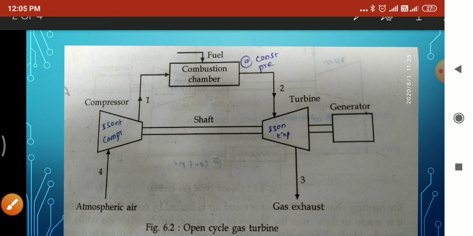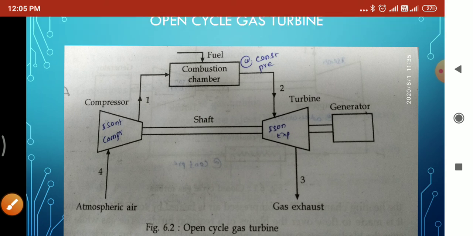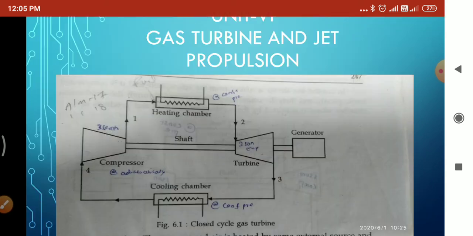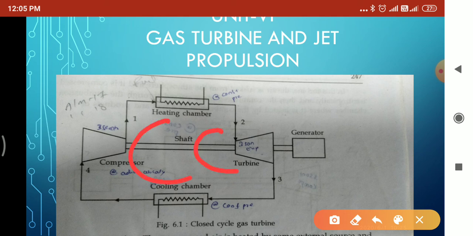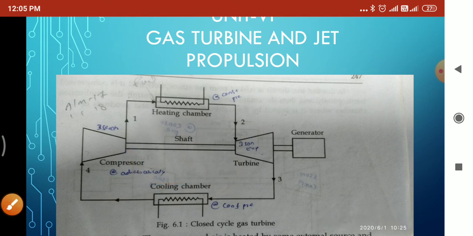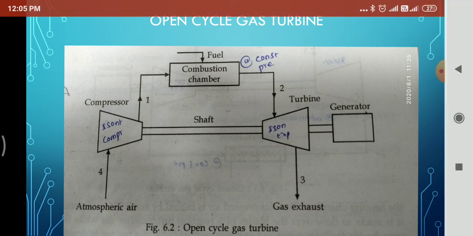Compared to the closed cycle, in the closed cycle we use the same gas again and again, meaning we can't take fresh air for each and every cycle, but in this open cycle, we are taking fresh air for each and every cycle. This is the working principle of open cycle gas turbine.